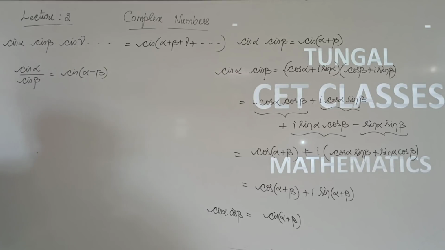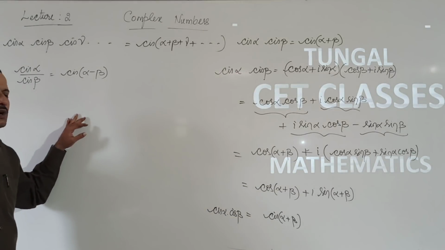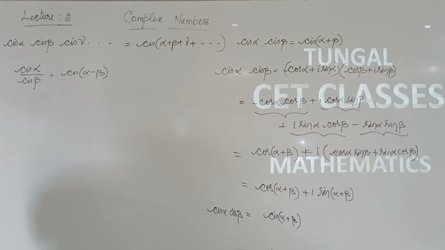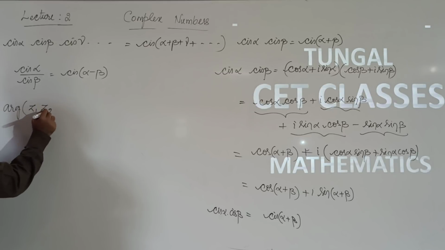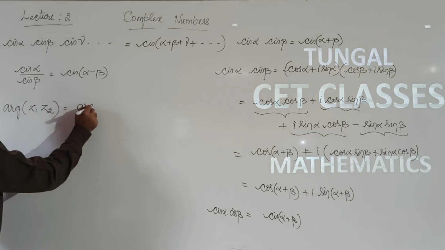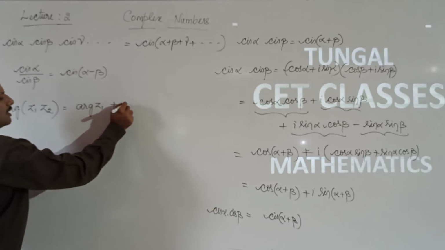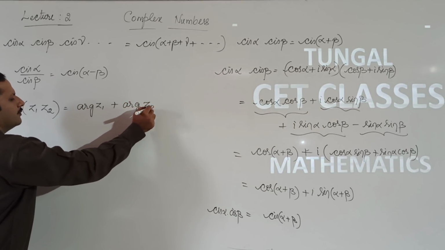Cis alpha by cis beta is equal to cis of alpha minus beta. Then argument of z1 into z2 is equal to argument of z1 plus argument of z2.